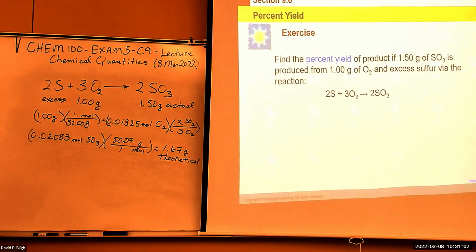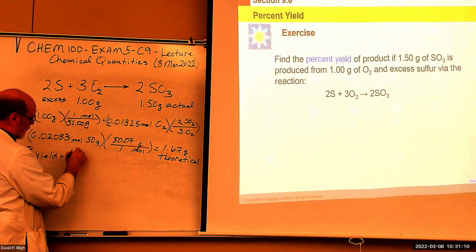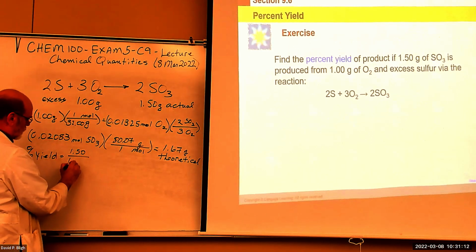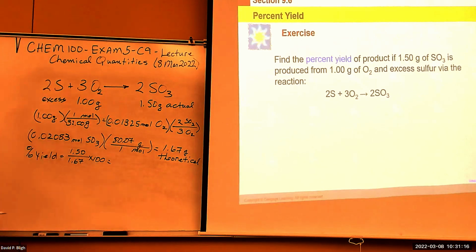So now to calculate percent yield, we just ratio those two: 1.50 actual over 1.67, times 100 equals what?